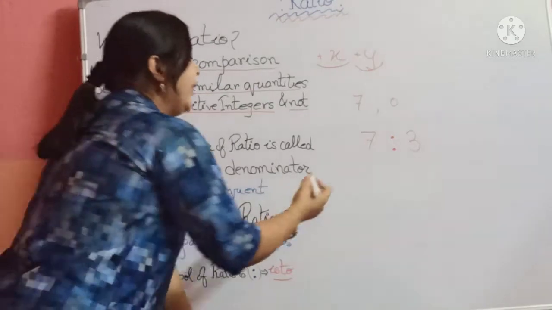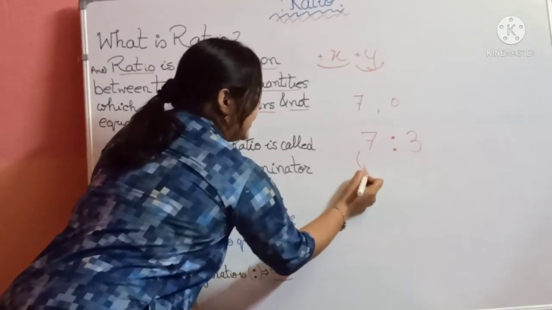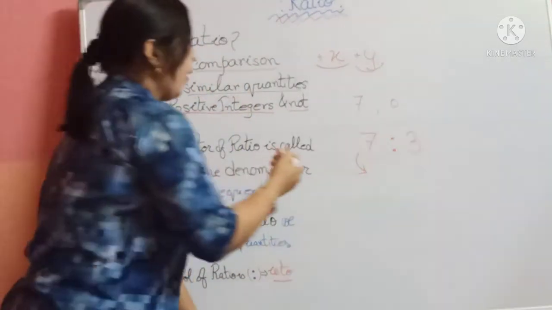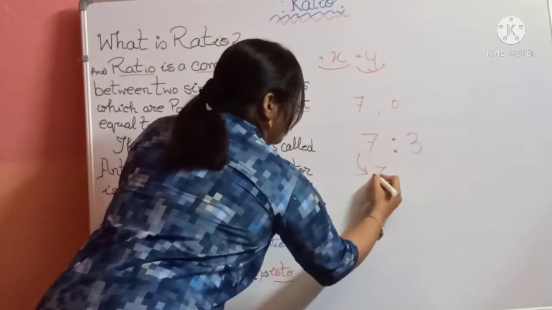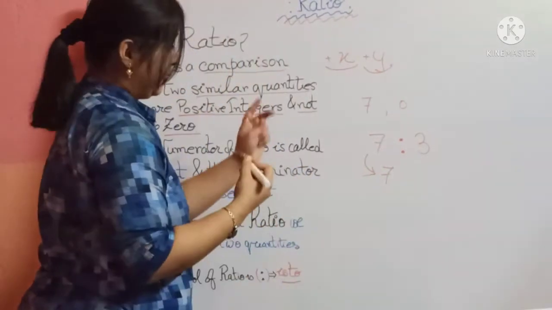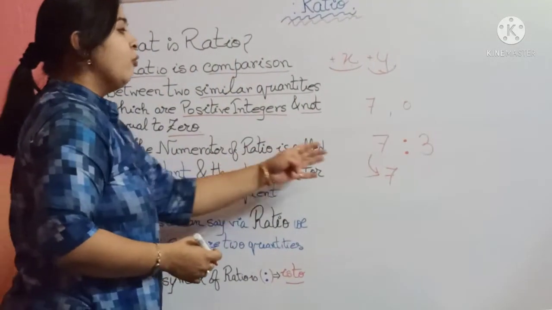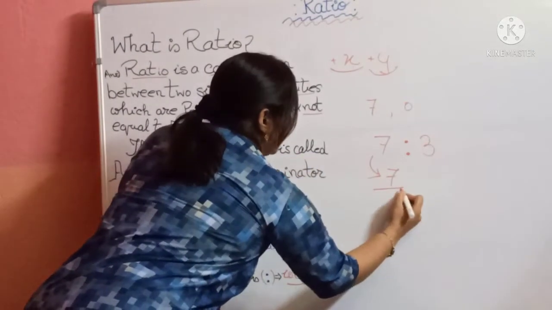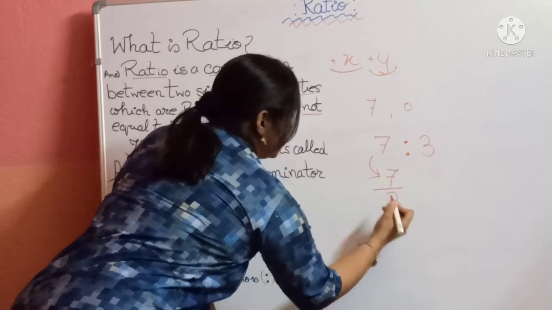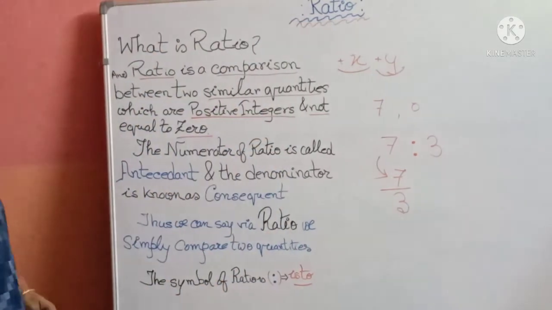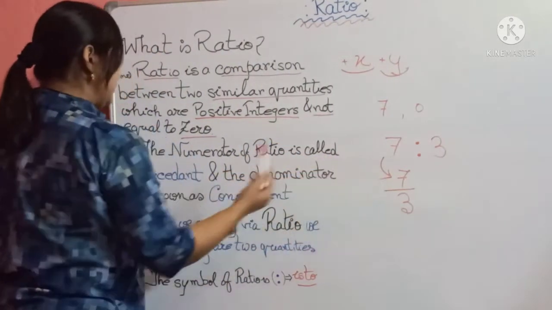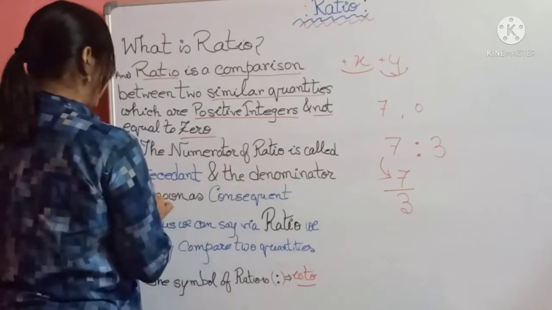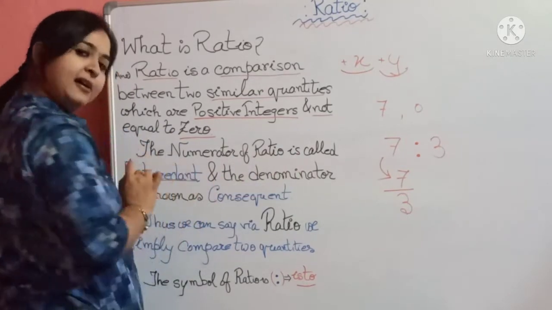Now we can write this thing in a different way. While doing ratio problems, we will represent 7 is to 3 in this way, like a simple fraction, 7 by 3, where 7 is the antecedent.